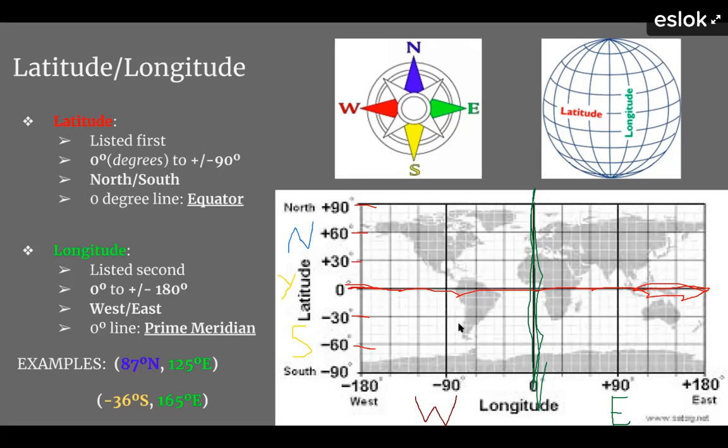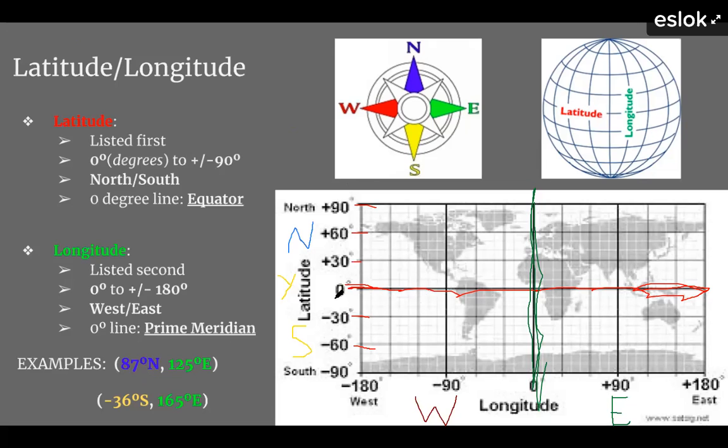This is how we're going to be basing our information. For my example, I'm talking about 87 degrees north, 125 degrees east. First I've got to look for my latitude line, which is 87.